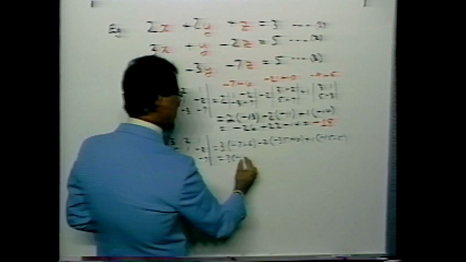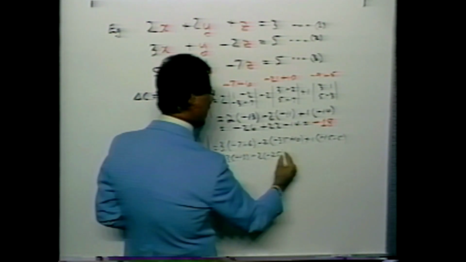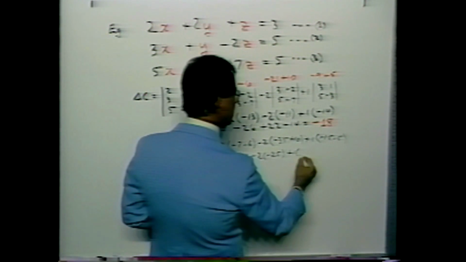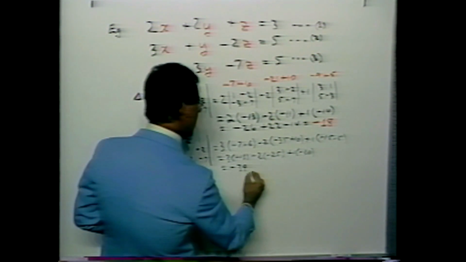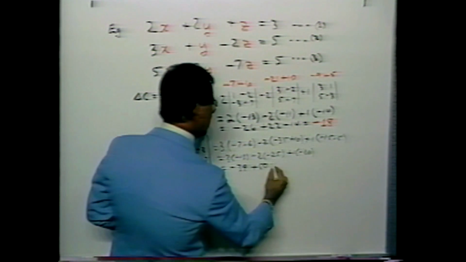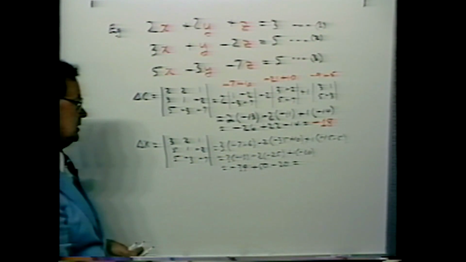This is equal to 3 times minus 13 minus 2 times minus 25 and plus 1 times minus 20. That amounts to minus 39 plus 50 minus 20, and the total there is minus 9.